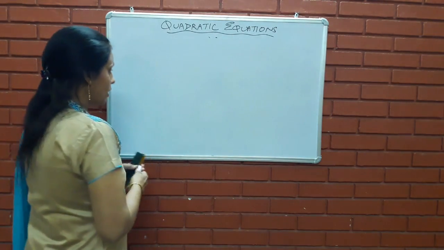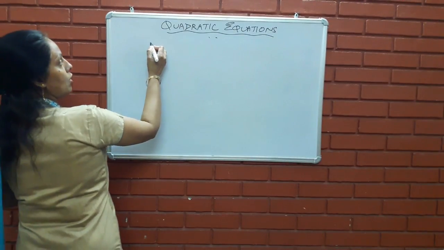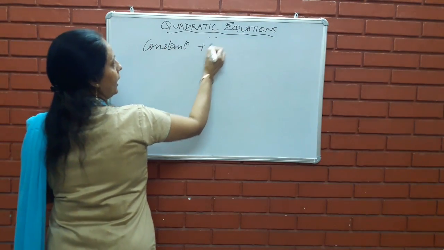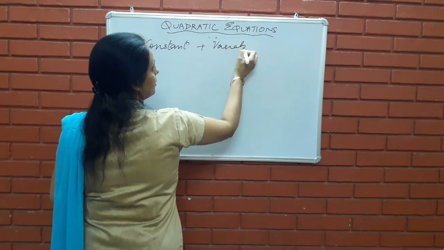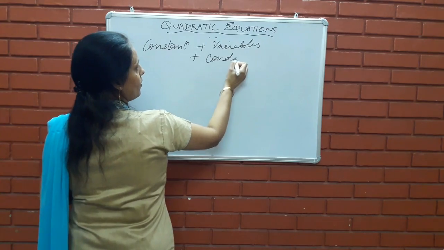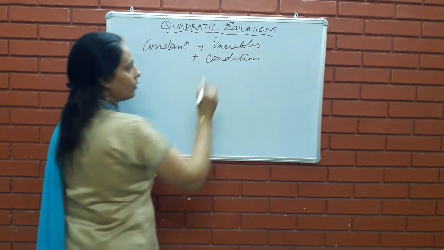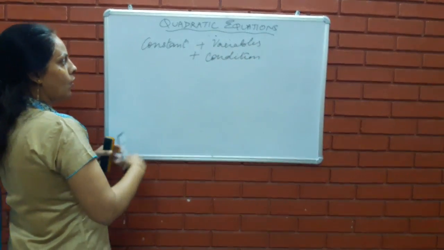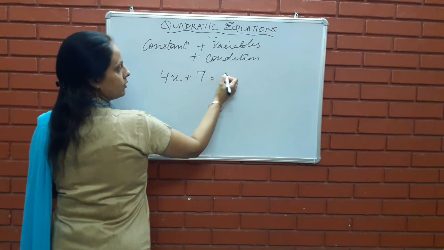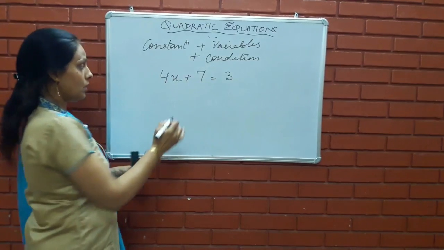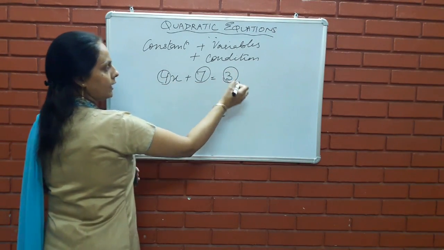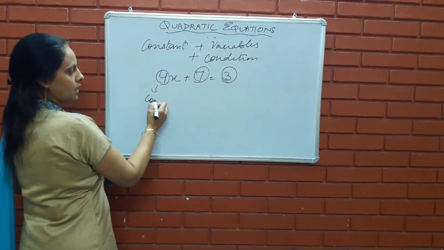Now what is an equation? It is the use of constants and variables plus one condition. If I have this equation, here the 4, the 7 and the 3 are all constants.